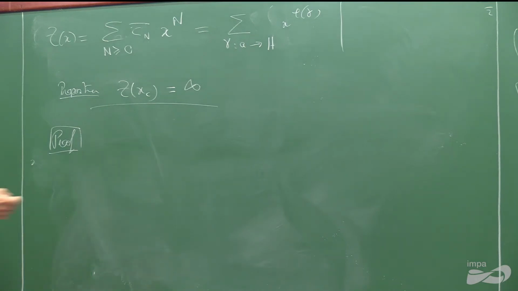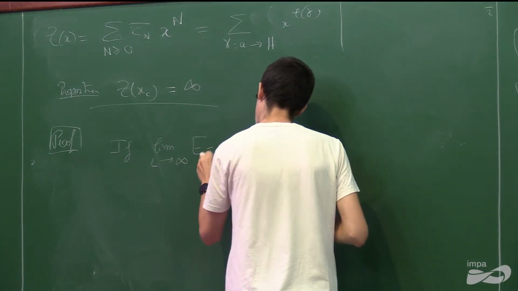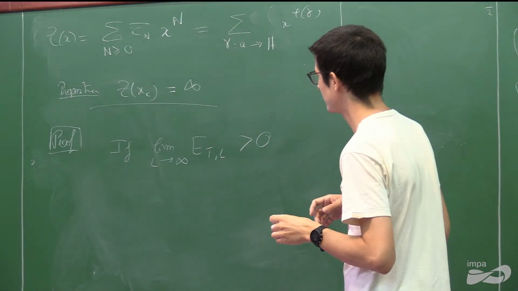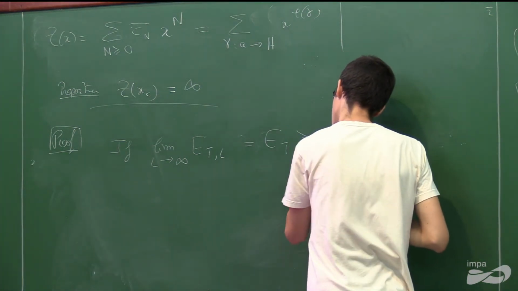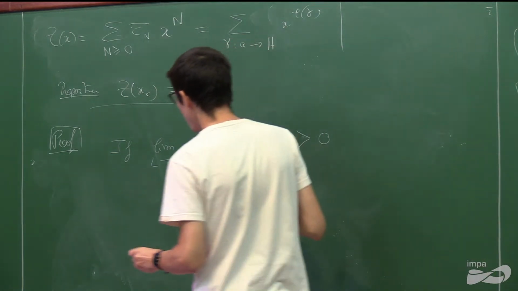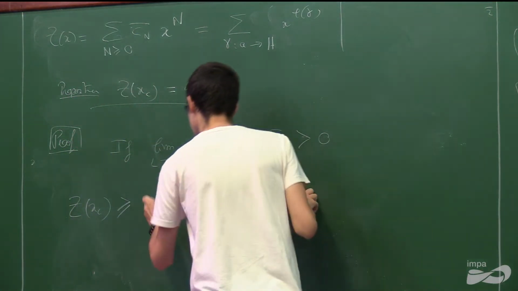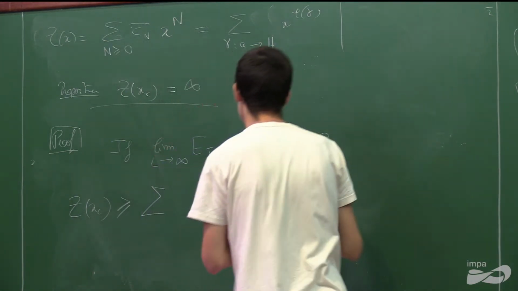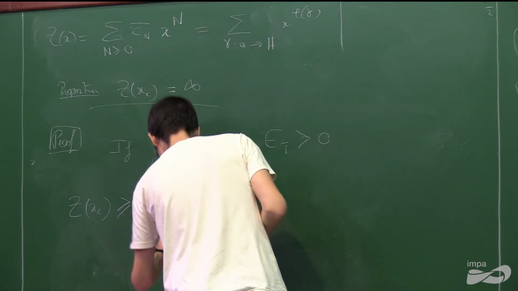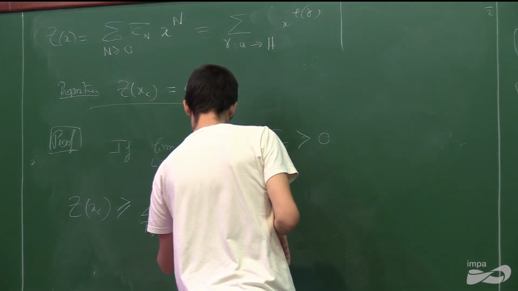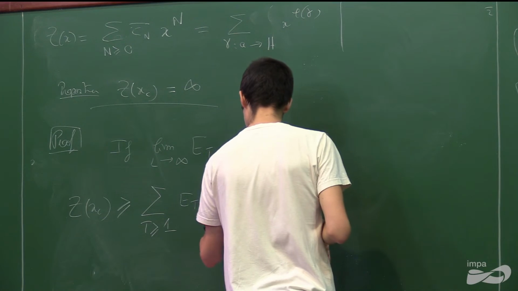So if the limit when L goes to infinity of E_T^L is positive, then what you have is that Z(x_c) is larger than the sum over T larger than 1 of E_T. So this is equal to infinity.